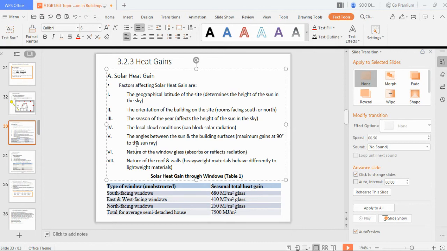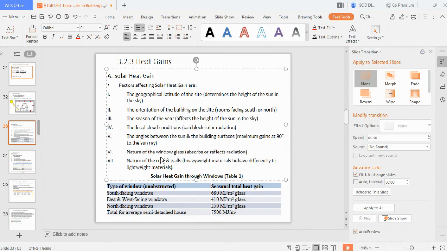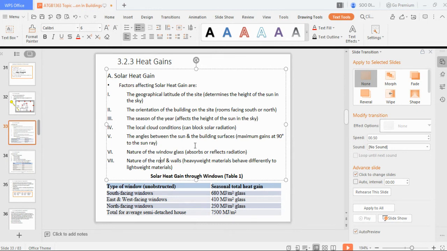So this is how the architect can affect how much heat can be gained on a building. So there's actually a study on how heat can be gained in a building, but this will usually be done by the architect. And also the material of the building.